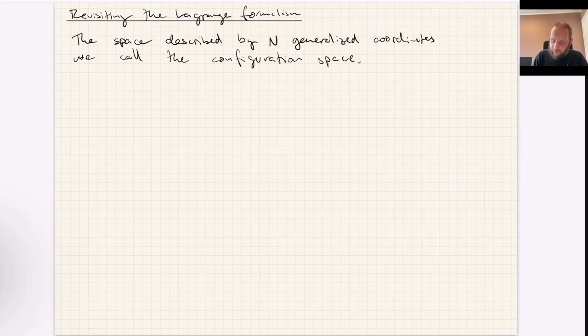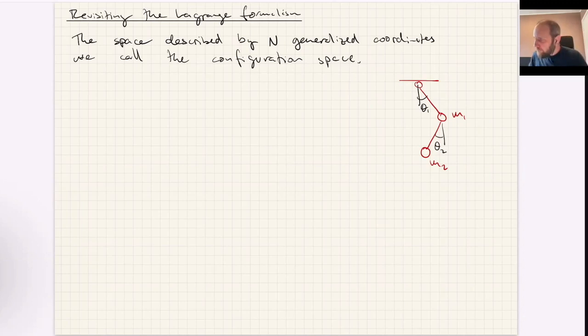For example, if you have something like the double pendulum with m1 and m2, you could give the two angles as your coordinates, and those would be describing your generalized space.